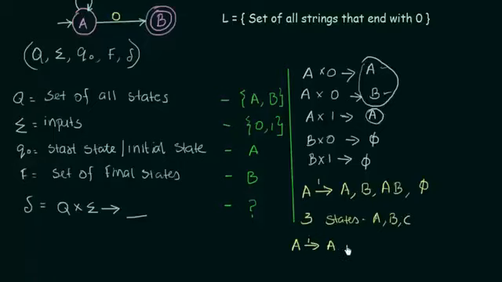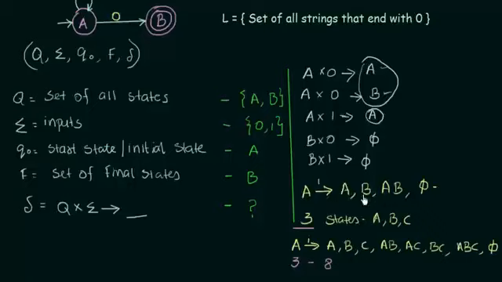A can either go to A itself, it can go to B, or it can go to C, or it can go to A and B, right? Or it can go to A and C, or it could go to B and C, or it could go to all of them, A, B, and C, or it could not go anywhere, it could go to phi. Okay, so we see that when we had three states, there were 8 possibilities. 1, 2, 3, 4, 5, 6, 7, 8.